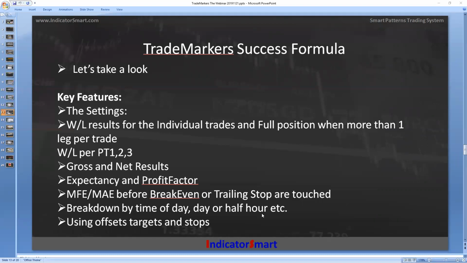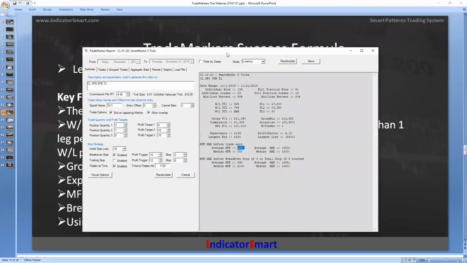Breakdown by time of day, half hour a day, etc. Using offset targets. Oh, wait, we didn't cover that. I really wanted to cover this. Discounting. So if I decide to take a one-tick discount on this trade, check this out.